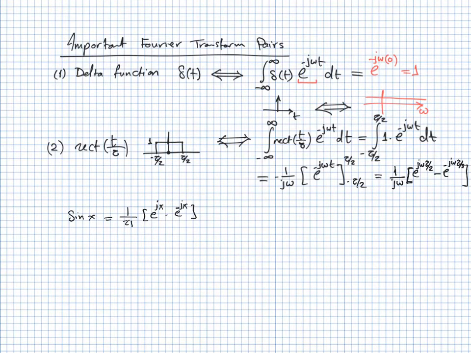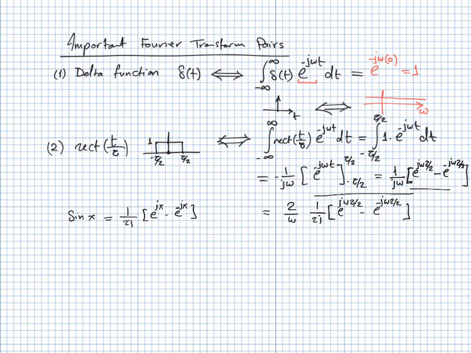So if I look at this, I have all the elements that I need except for the 2, right? So again, multiply 2 up and down. So you will end up with, in this case, 2 over omega multiplied by 1 over 2j, multiplied by e to the j omega tau over 2 minus e to the minus j omega tau over 2, right?